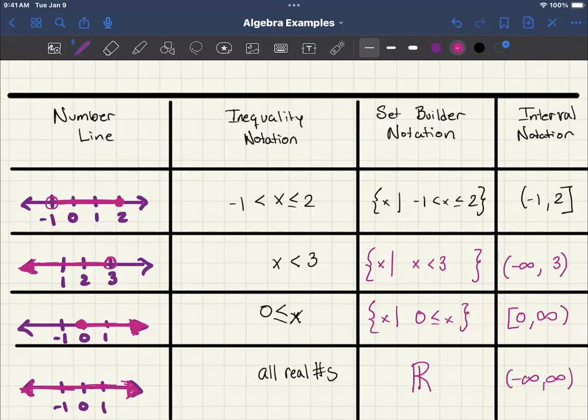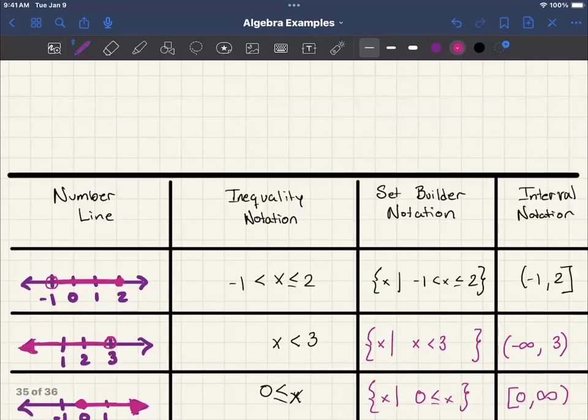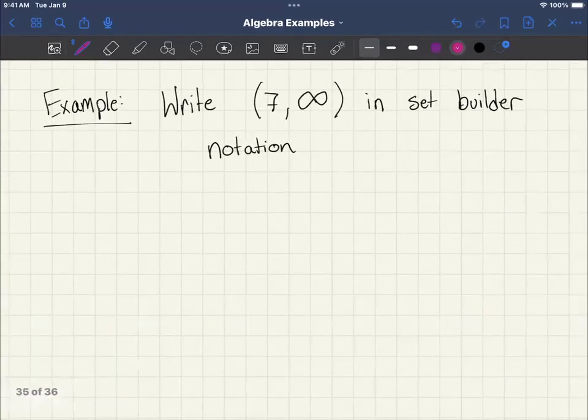All right, let's go back to our question. Before we dive into that, I just want to make a note that there are more examples that you can do with inequality notation, set builder and so on. Anything goes. I feel like 4 was enough for us to go through.